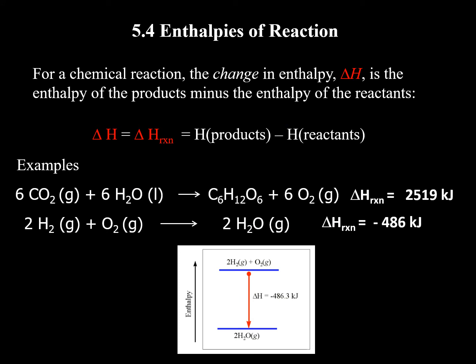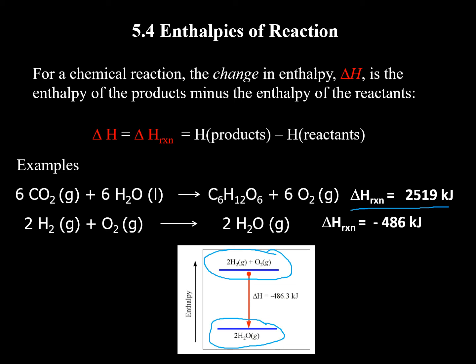So let's say there's a change in enthalpy. We also have to look at the products and the reactants. In this case down here, you can see that the products have a lower enthalpy than the initial reactants. Therefore, you're going to get a change in enthalpy that is a negative value, and you get an exothermic reaction. Again, this is our example of photosynthesis, where we now can add a delta H of 2519 kilojoules.